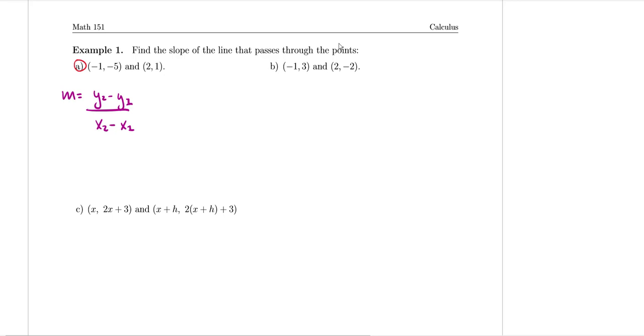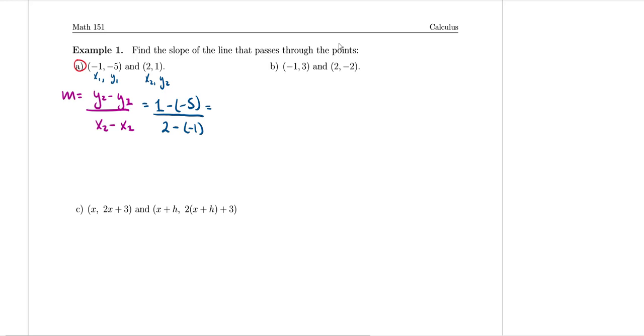So I'm going to go with the first point and label it x1 and y1, and the second point x2 and y2. So we're going to have here, y2 is 1 minus y1, so minus a negative 5, all over x2, which is 2, minus x1, which is a negative 1 here.